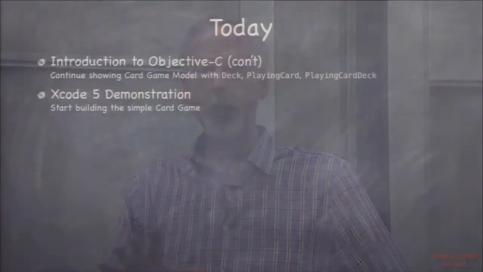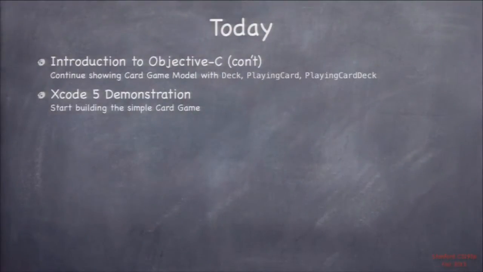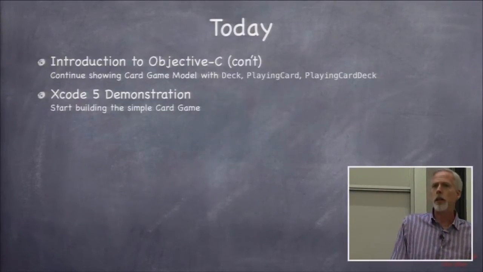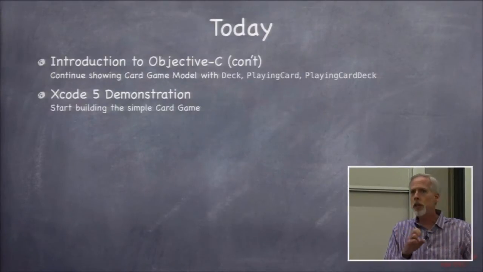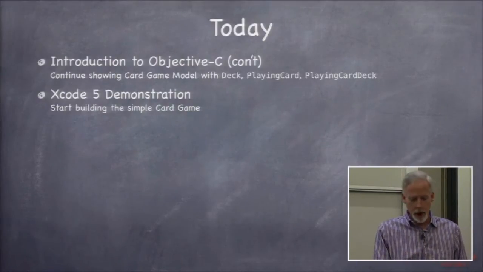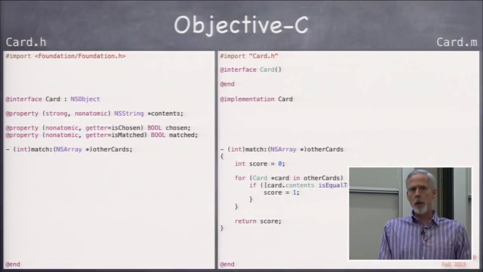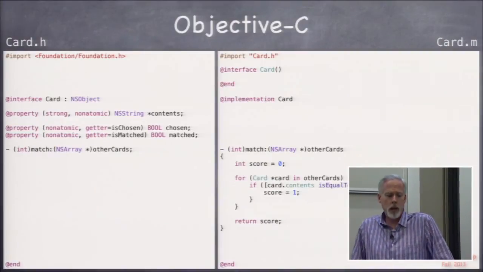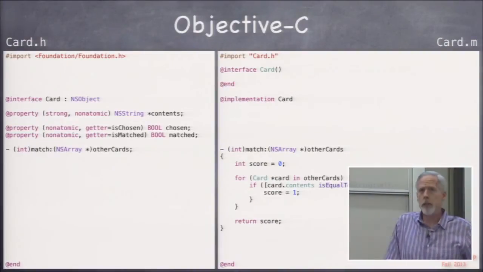This card matching game is going to be our substrate for the first 2 weeks of learning some Objective-C, learning about Xcode, learning about how iOS hooks up the controller and the view and the model to make a UI.